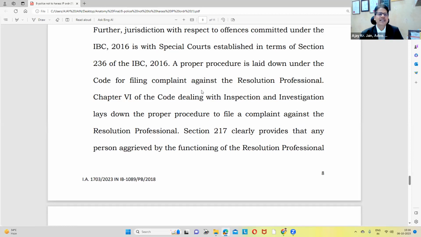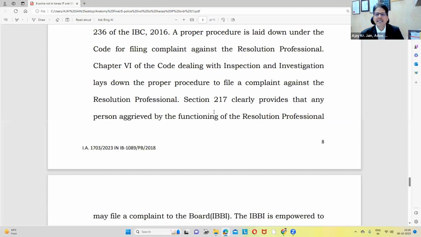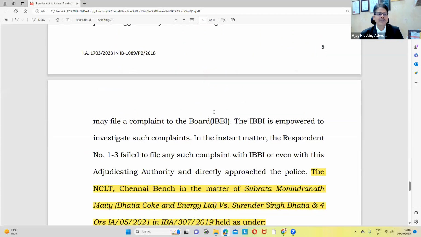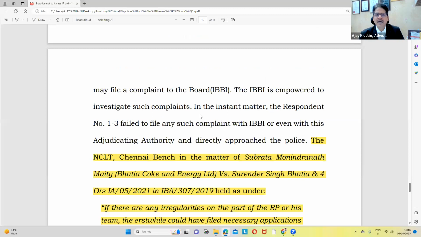A proper procedure is laid down under the Code for filing a complaint against the RP. Chapter 6 of the Code, dealing with inspection and investigation, lays down the proper procedure. Section 217 clearly provides that any person aggrieved by the function of the RP may file a complaint before the Board.